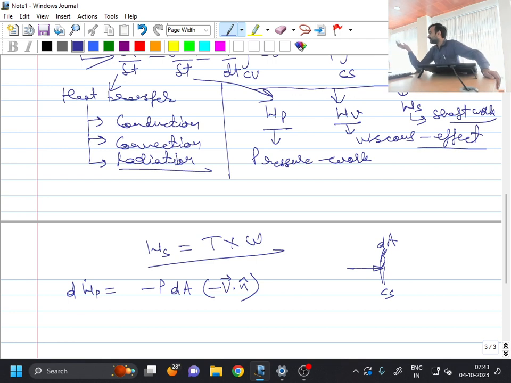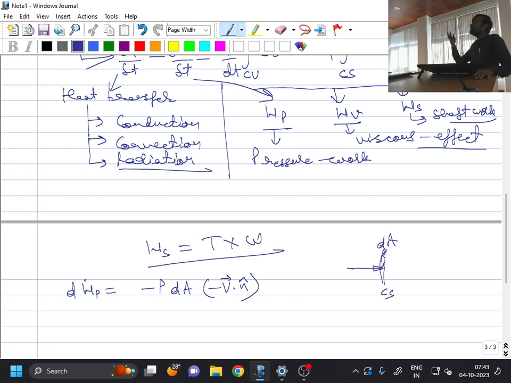Whenever you discuss the subject of thermodynamics, we call this work the flow work, the product of pressure and volumetric flow rate. And specific flow work is the product of pressure and velocity.